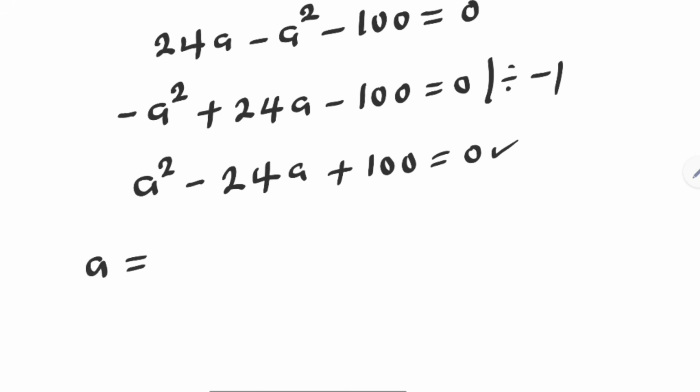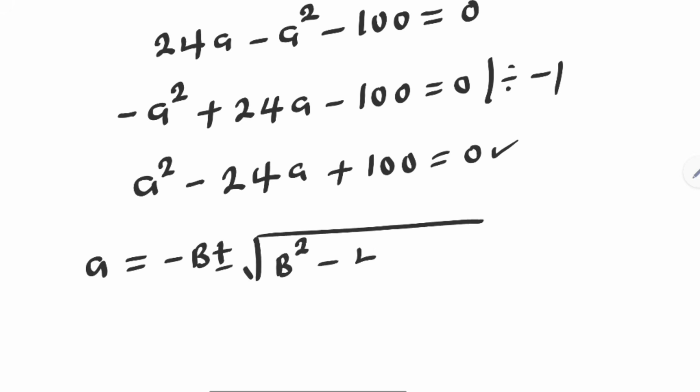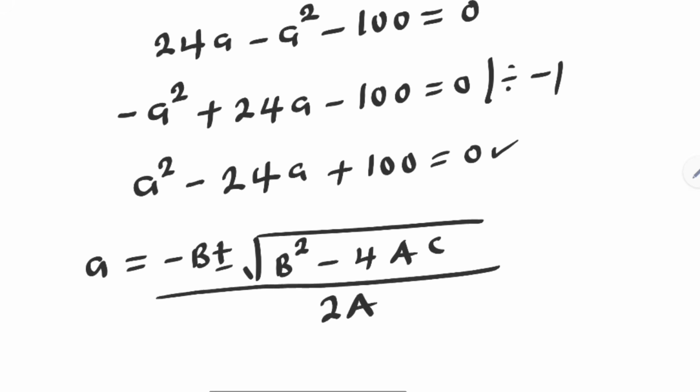A is equal to minus B plus or minus square root of B square minus 4AC, divided by 2A. Then from this equation, A is equal to 1, B is equal to minus 24, then C is equal to 100.